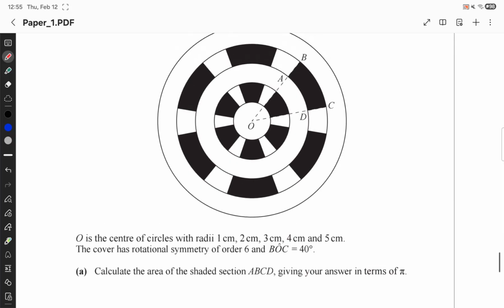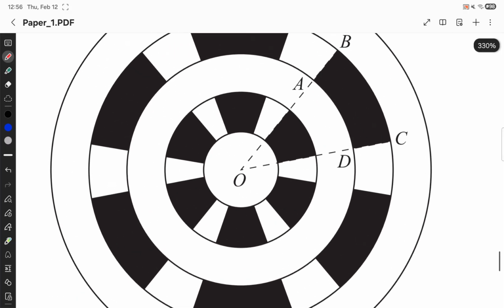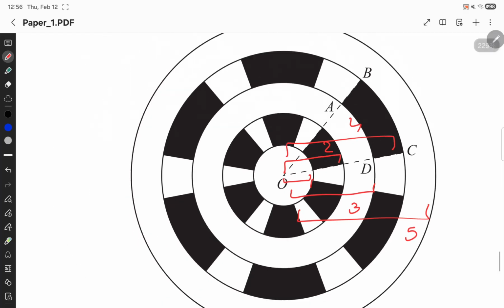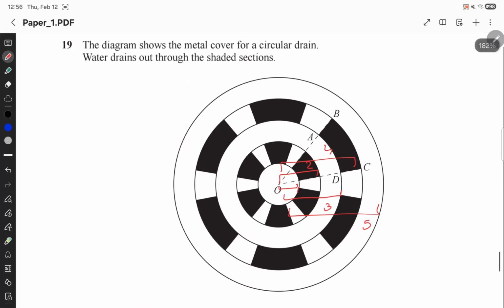What are we given? O is the center of circles with radii 1, 2, 3, 4 and 5 centimeters. The cover has rotational symmetry of order 6 and BOC is 40 degrees. We need to calculate the area of the shaded region. We know 1, 2, 3, 4 and 5 centimeters, 5 is the largest circle.